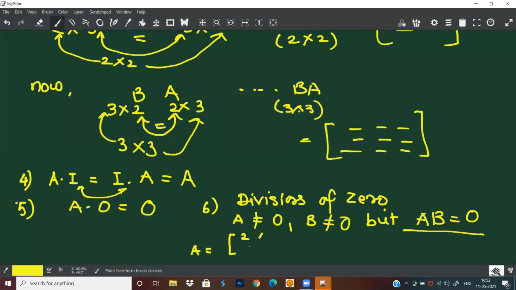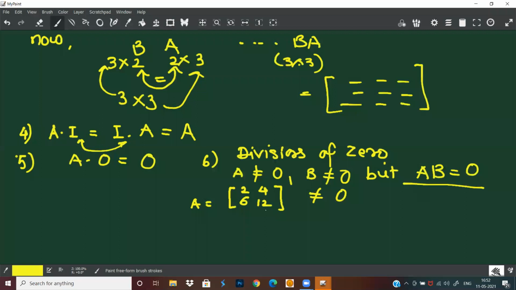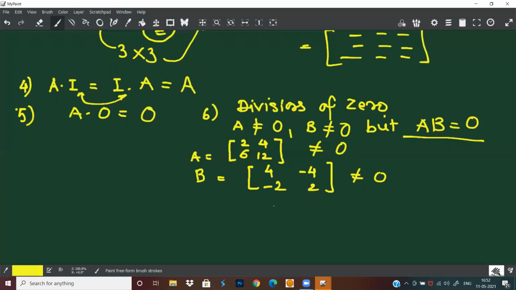Wait. So A is not a null matrix. I will make a B for you. Now take the product of both, see. I just made it in a hurry.